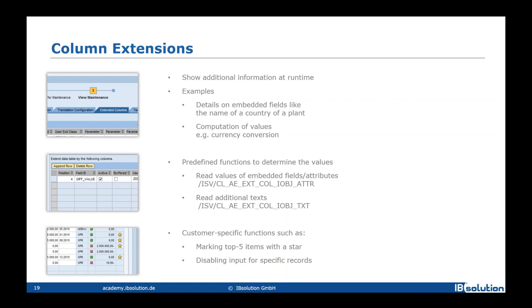For example, this column is done through column extensions because it is not an attribute of our info object, but something that we added to the view to get more information, more readability, more feedback on what we do on the data.